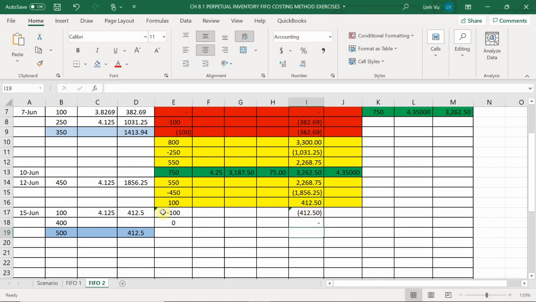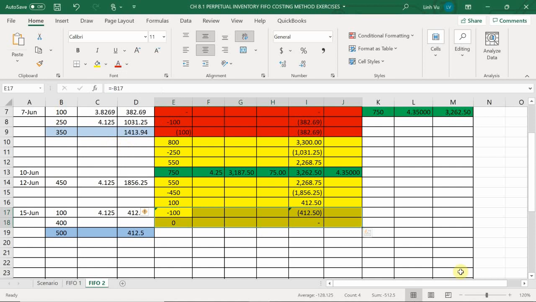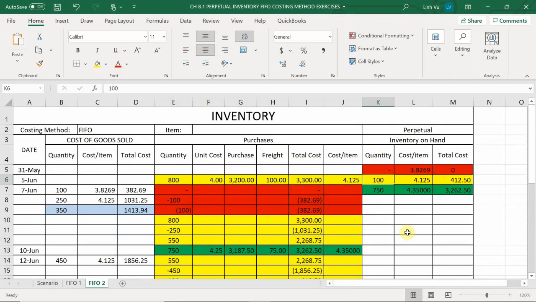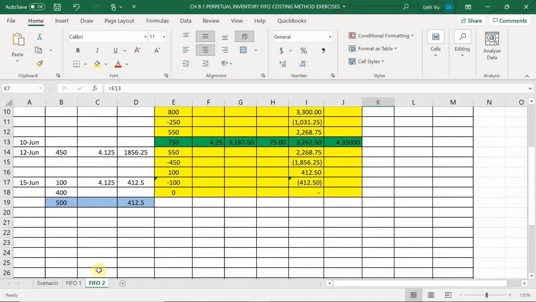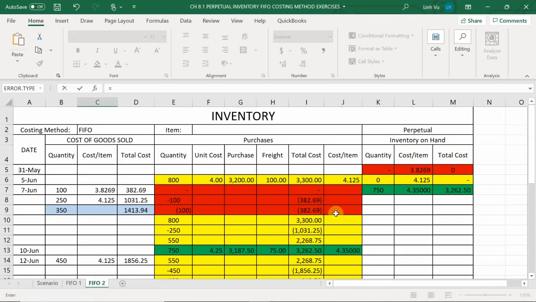Okay, and this belongs to the yellow batch of inventory. And we're going to go up here and eliminate that 100 from this batch. So now all I have left is the 750 batch remaining, which is the green batch in our inventory. And here we need to sell 400 of those items. So in this case, what's my cost per item going to be?